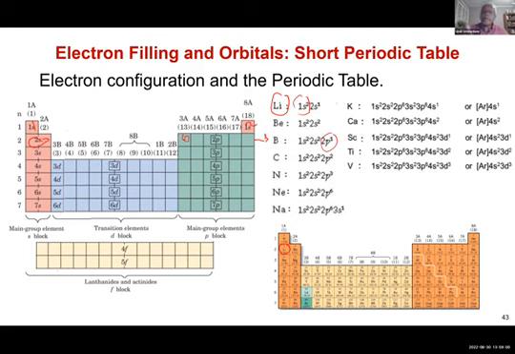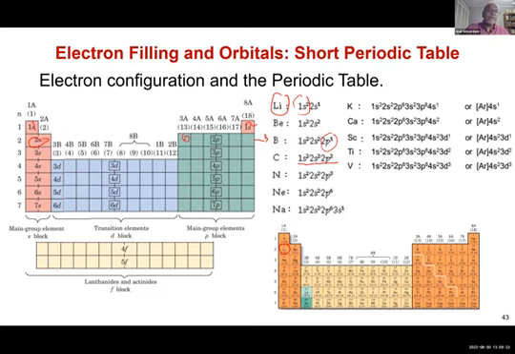For example, how do you get the carbon? Carbon atomic number is 6. 6 is the same number as number of electrons. Proton number is equal to electron number. So you have to fill 6 electrons for carbon.